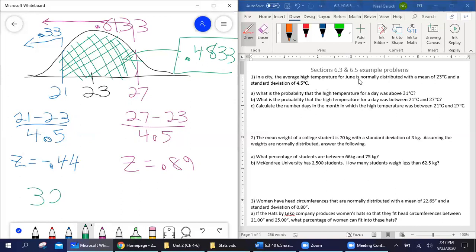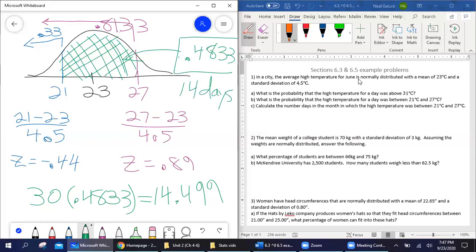So if I do 30 times 0.4833, that'll give me about 14.499, which is real close, but if I'm going to round to the nearest day, I would call it 14 days. So I can expect 14 days in June at a high temperature somewhere between 21 and 27.